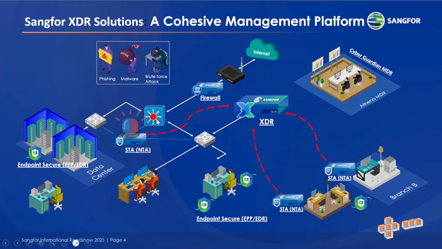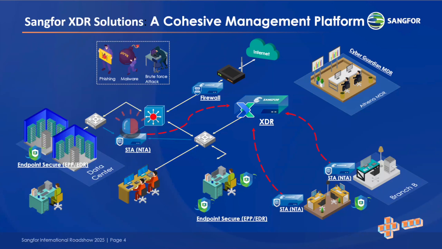The NDR data goes to the XDR, and the endpoint data also goes to the XDR. With all the data, our XDR will know, oh, an incident has happened. So we can block the IP, quarantine the file, and everything will be eliminated immediately.